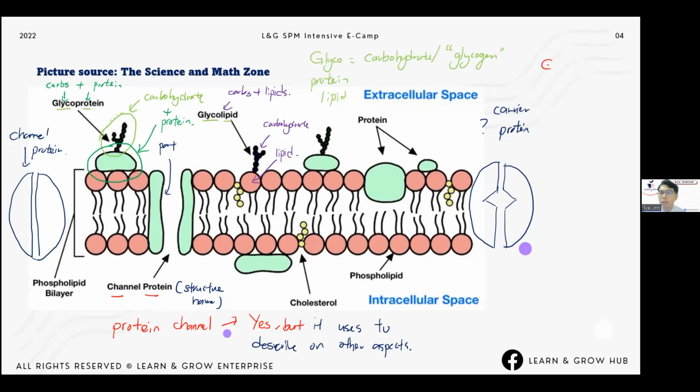Because no matter glycoprotein or glycolipid, the function is only very short. We just put cell recognition.